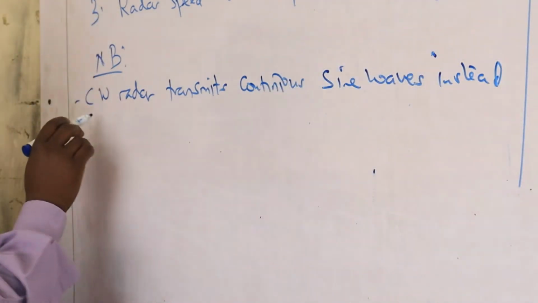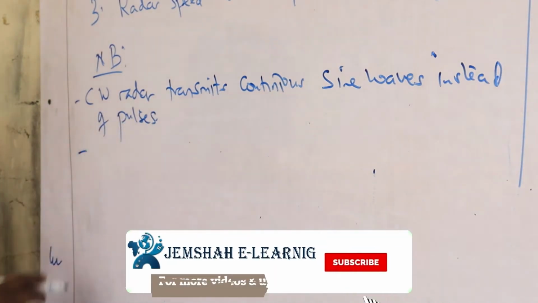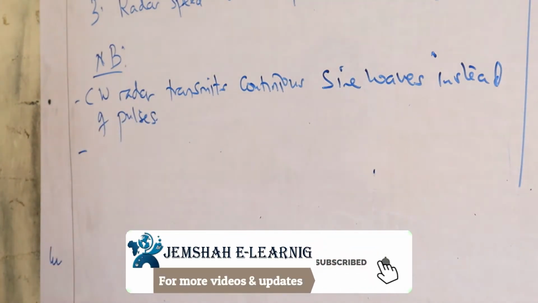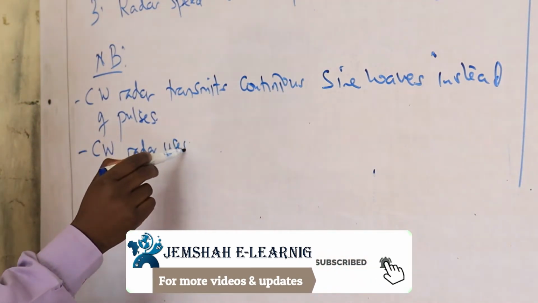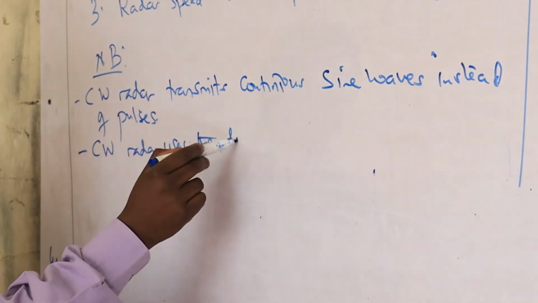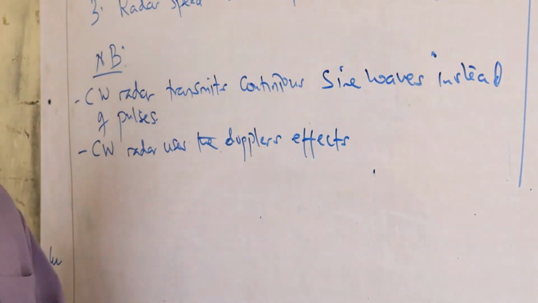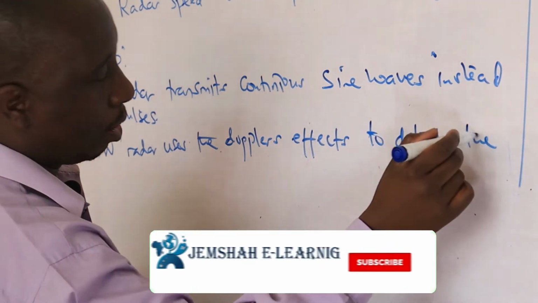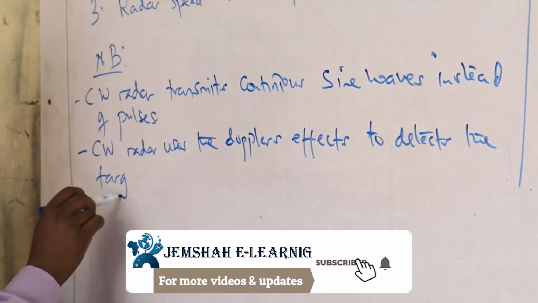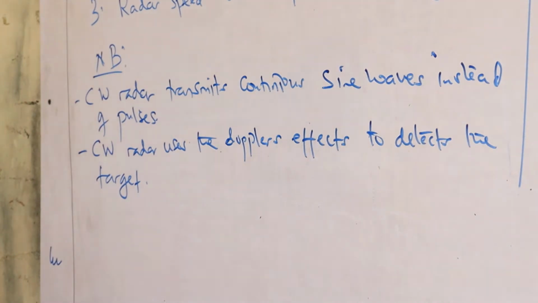Another thing we note is that CW radar uses the Doppler effect to detect the target. So basically, this is what we require to know concerning the CW radar.